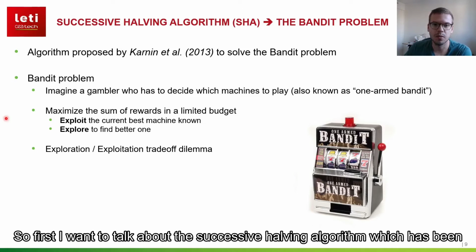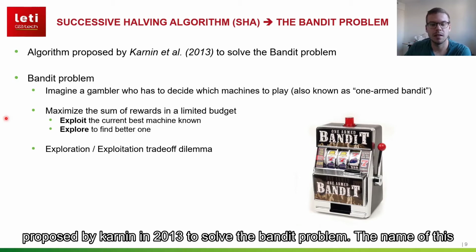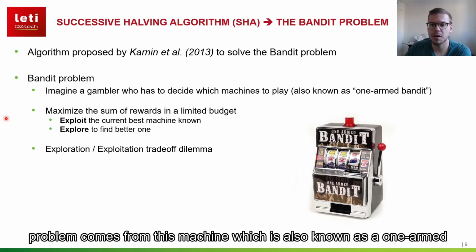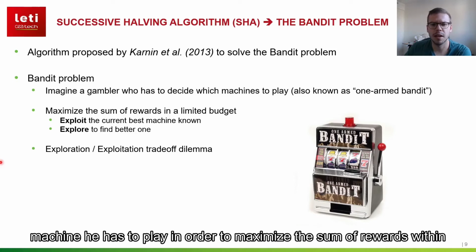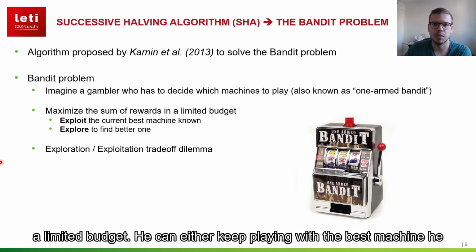So first, I want to talk about the successive halving algorithm, which has been proposed by Karnin in 2013 to solve the bandit problem. The name of this problem comes from this machine, which is also known as a one-armed bandit. We can imagine a gambler in Las Vegas who has to decide which machine to play in order to maximize the sum of rewards within a limited budget.